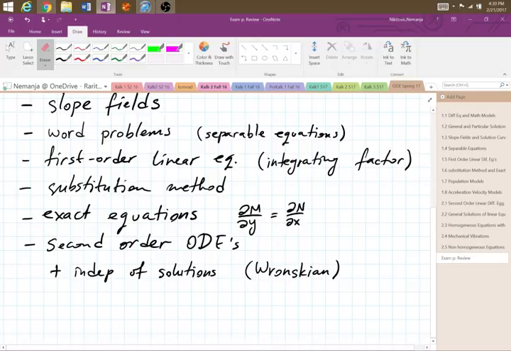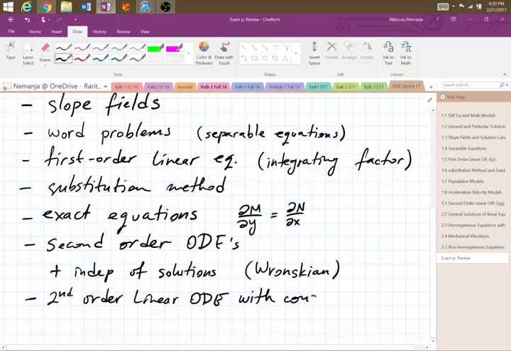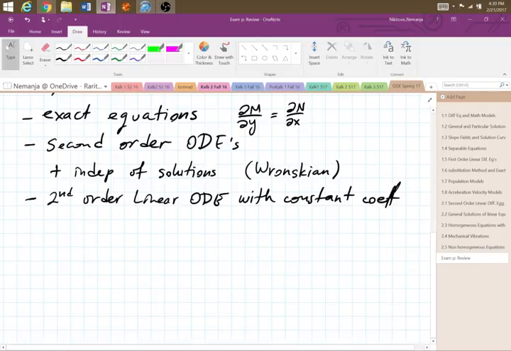Now we go with the second order linear ODE with constant coefficients, which would give us those three possible, right, distinct roots.